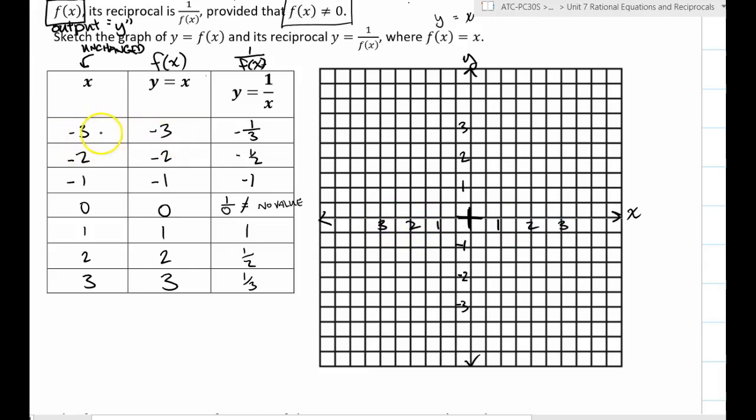And I'm going to plot my points. So for f of x, which I'm going to color red, it's going to be -3, -3, -2, -2, -1, -1. Oops, the negatives on those. Don't do that. 0 and 0, 1 and 1, 2 and 2, 3 and 3. And we can connect that all with a line that goes across our entire grid.